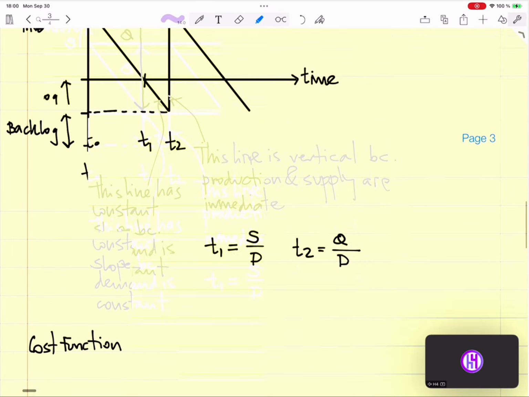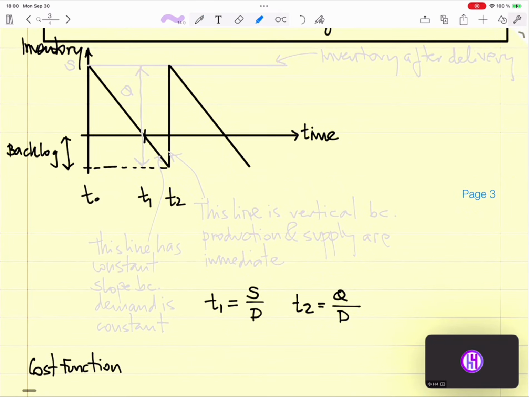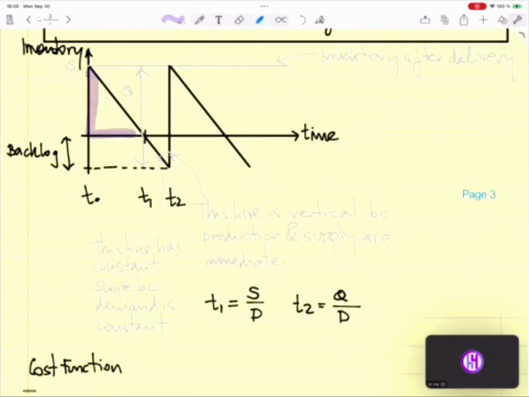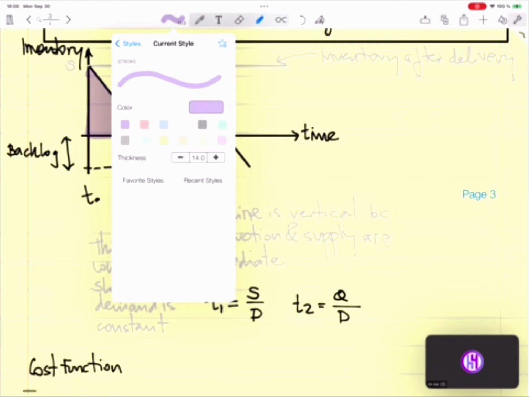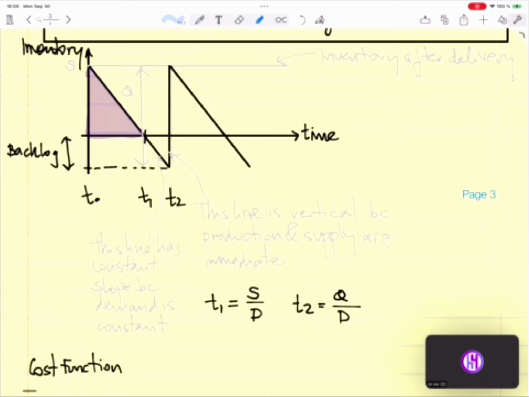So let me paint it maybe better. This triangle here, within this triangle, you will have your inventory running. And here in this triangle, you will be in a backlog, okay? So which one, can you tell me the average inventory, please?